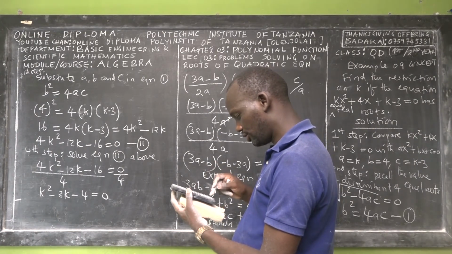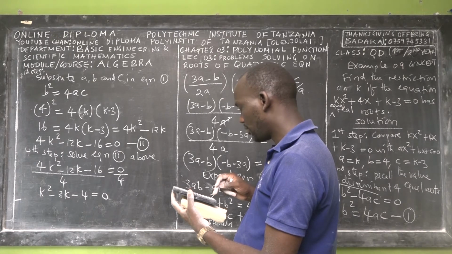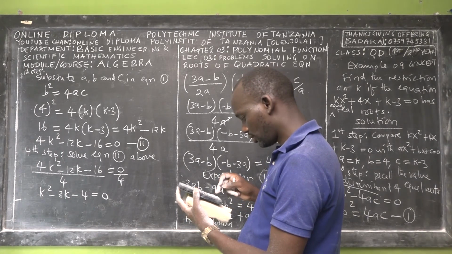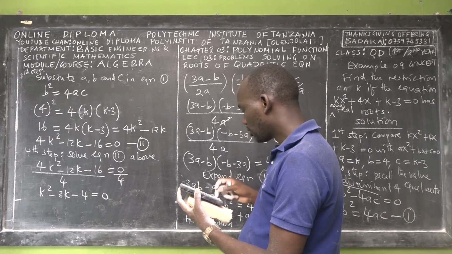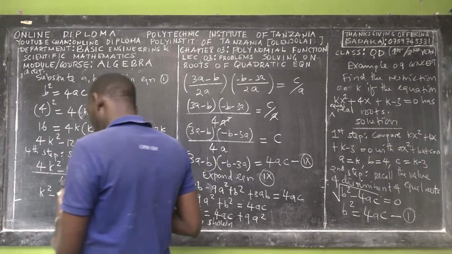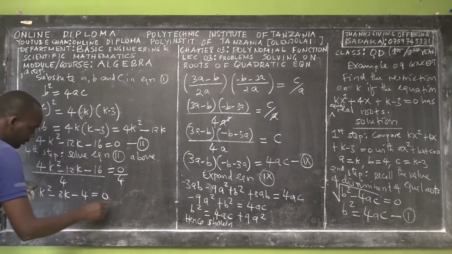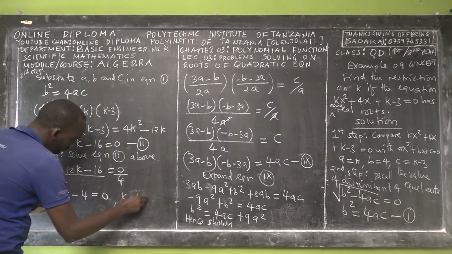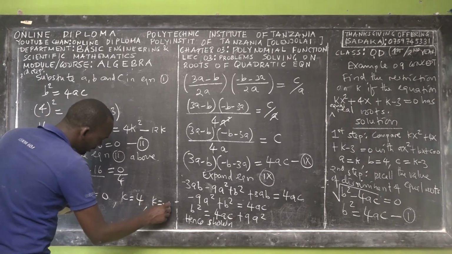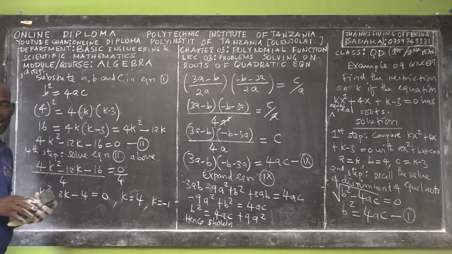So this is degree 2. The coefficient of k squared is 1, the coefficient of k is negative 3, and the constant is negative 4. So the first value of k should be 4, and the second value of k should be negative 1. So there are only 2 values.